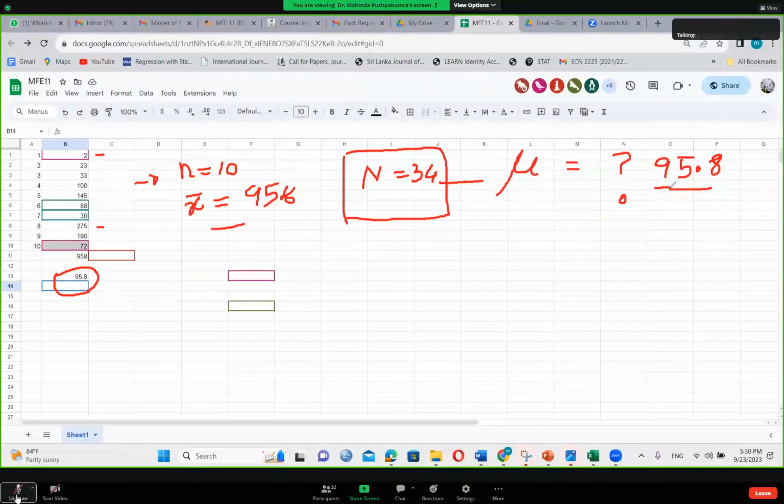So unless we know that the sample is a representation of the population, we can't say anything. No? Your argument is, let's assume the sample is a random selection and the sample represents the population. Then if it is random and represents the population, do you agree that population mean is also equal to 95.8?